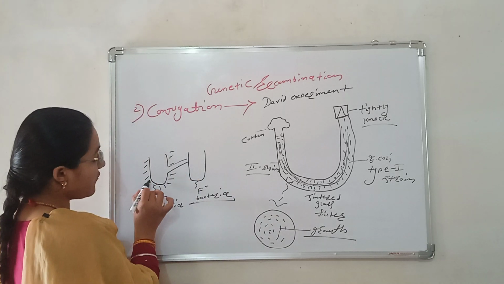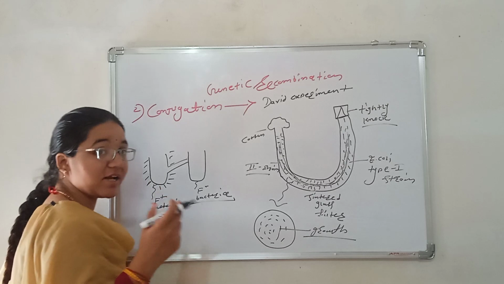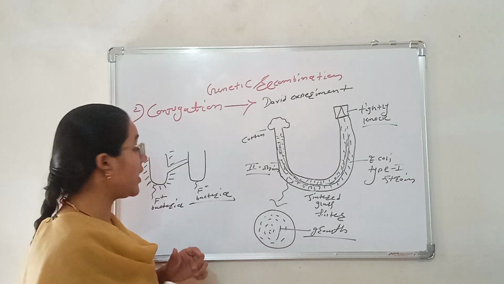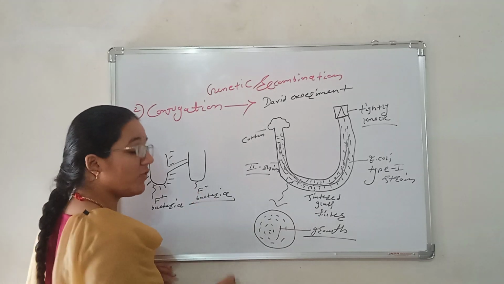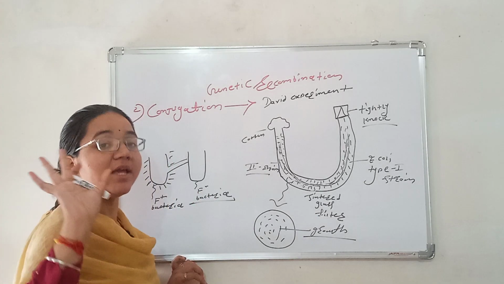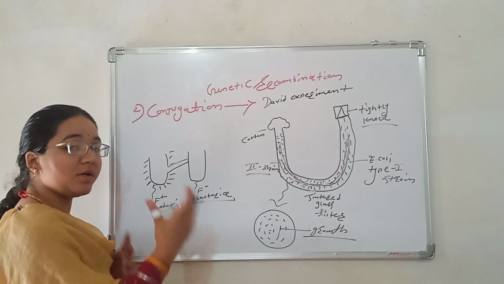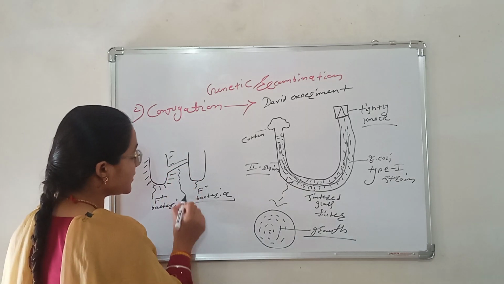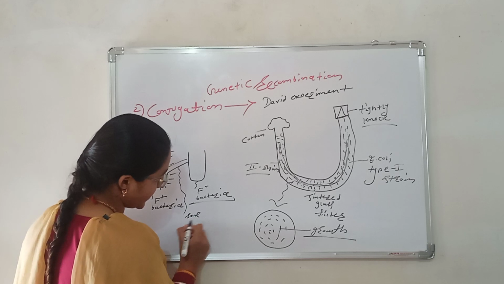Look at that, an F plus bacterial strain also has fertility factor, which means it has its genetic material. But F minus does not have the fertility factor, so they are not complete individuals. So they are considered different from each other. At that time, this is called physical contact. This physical contact is called the sex pilus.